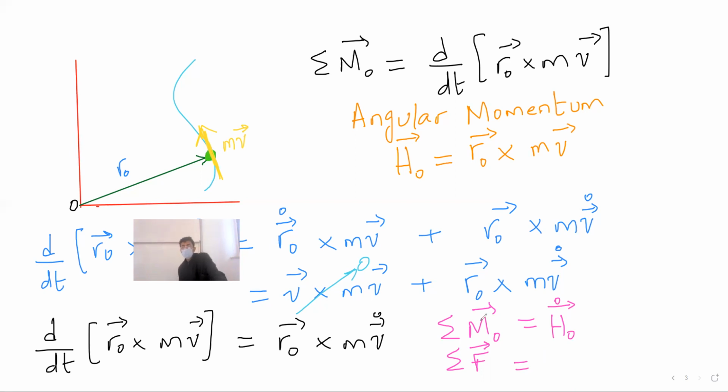If this right hand side has d over dt of r naught multiplied by mv, that is the position vector, what will be the right hand side of this one? Chat message: please, what is M naught? Give me 1 second.